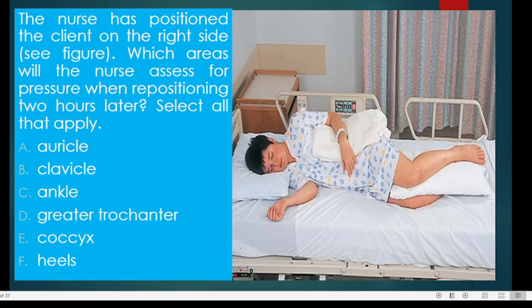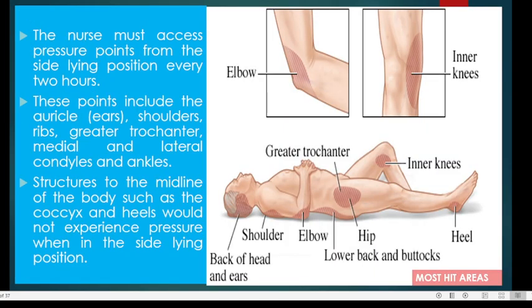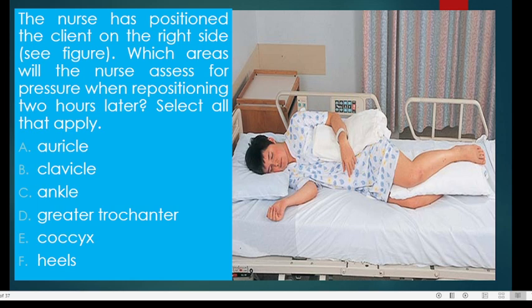So these are the areas you need to be aware of. Most hit areas: inner heels, heel, hip, lower back and buttocks, elbow, greater trochanter, shoulder, back of the head, and knees. Okay?